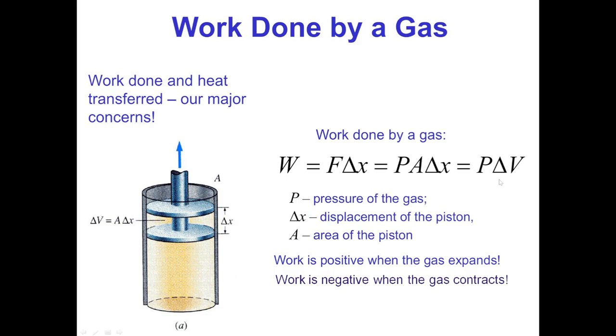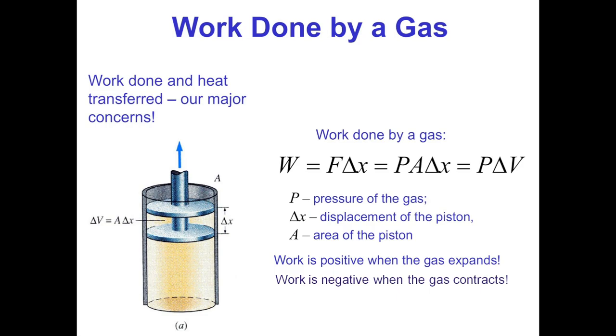And this is an especially fortuitous way of writing the formula, because we already talk about pressure and volume when it comes to gases and gas law. Those are already variables that we're measuring and want to be aware of when we're working with gases and pneumatic systems. So work equals pressure times volume is just a very convenient formula.